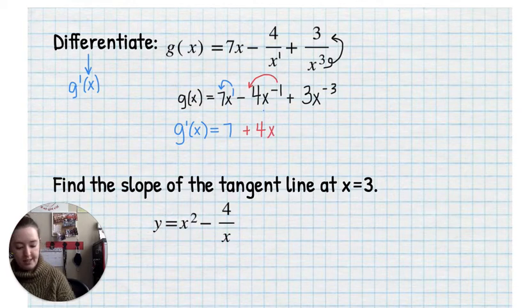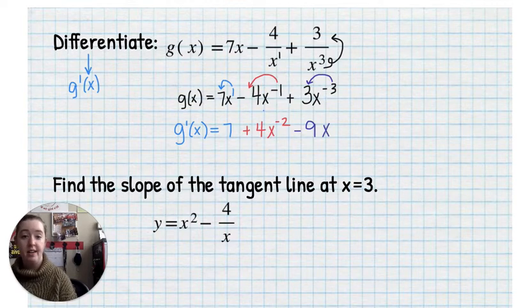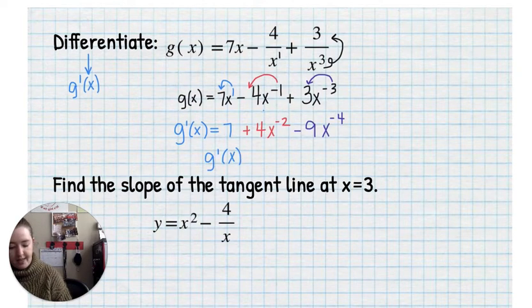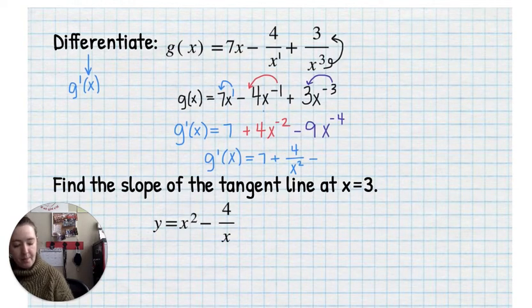Negative 1 minus 1 is negative 2. For here, we'll bring our power down and multiply. 3 times negative 3 is negative 9x. Then we'll subtract 1 from the power. Negative 3 minus 1 is negative 4. So you can leave it like that, or you can always rewrite it with positive exponents. So we could also write this as 7 plus 4 over x squared minus 9 over x to the 4th.